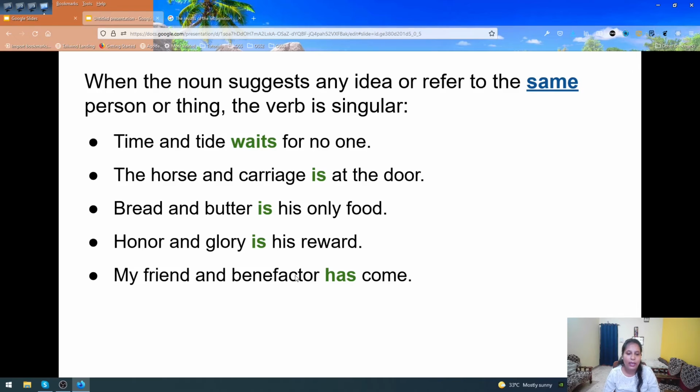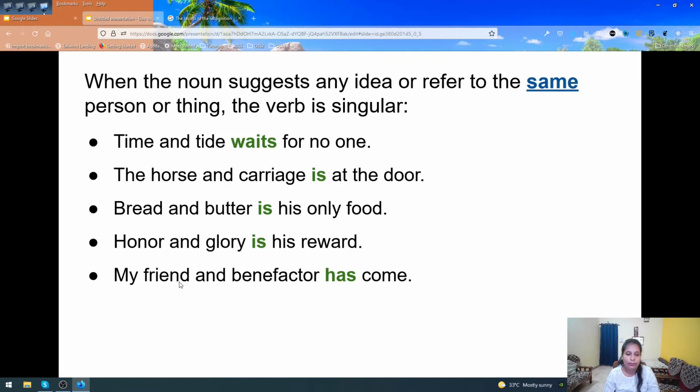My friend and benefactor has come. So one of my friends who always benefits me, who always gives me good suggestions, who always helps me. Somebody who always helps you or gives you good suggestions, who is always beside you, that person is known as a benefactor. So here this person's friend is a good friend and he is also a benefactor to the person who is talking here.